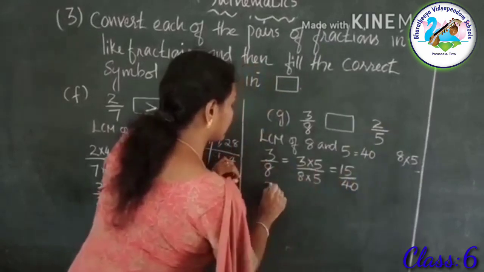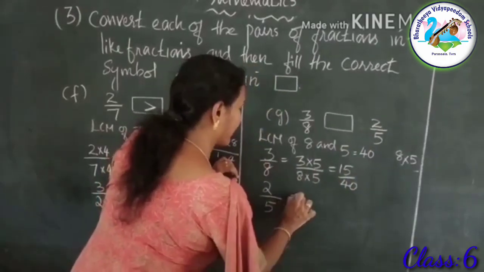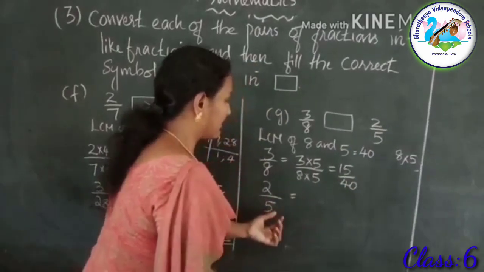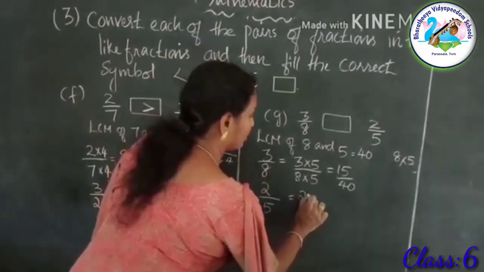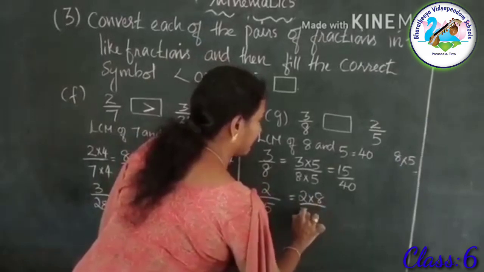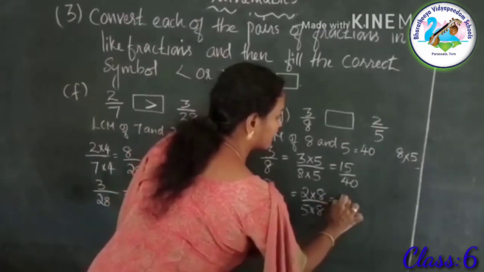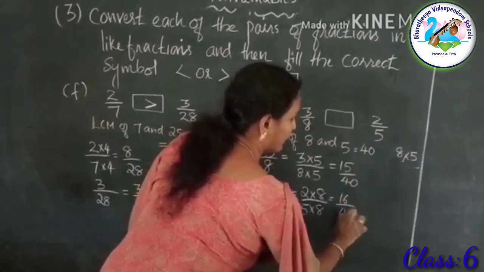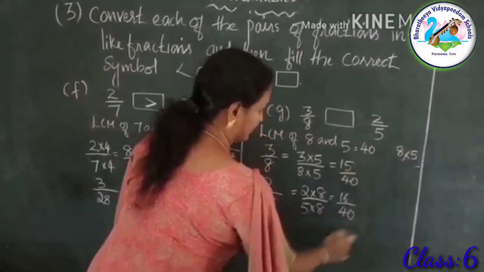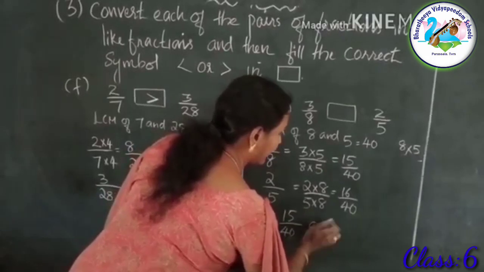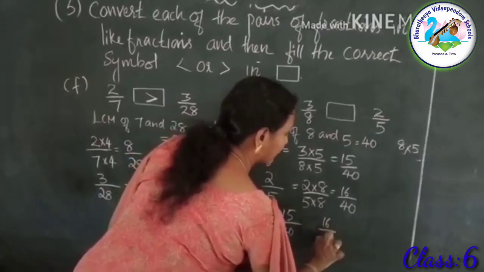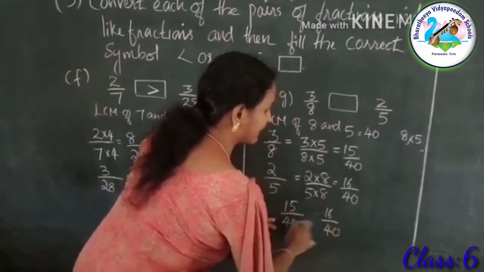The next fraction, 2 by 5. So multiply 5 with 8, we get 40. So 2 into 8 divided by 5 into 8 is equal to 16 by 40. So these are like fractions. By comparing the like fractions, 15 by 40 and 16 by 40, which is greater?